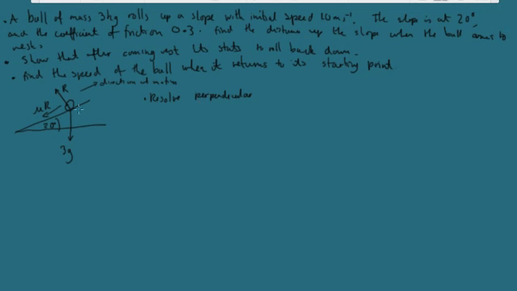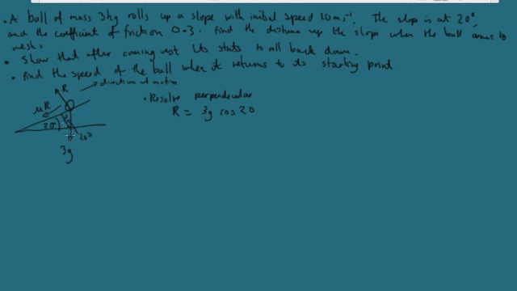Resolve perpendicular first, perpendicular to the slope. So R must be equal to 3g cosine 20. So think about a little triangle here. This is also 20 degrees.